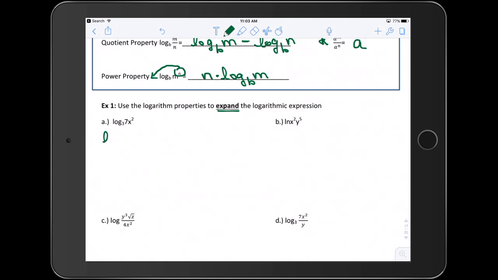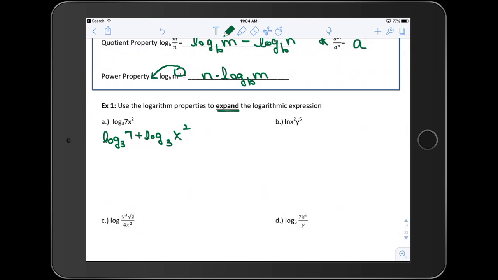So I'm going to first use the product property. So log base 3 of 7 plus log base 3 of x squared. All I'm doing is separating that product by using addition.